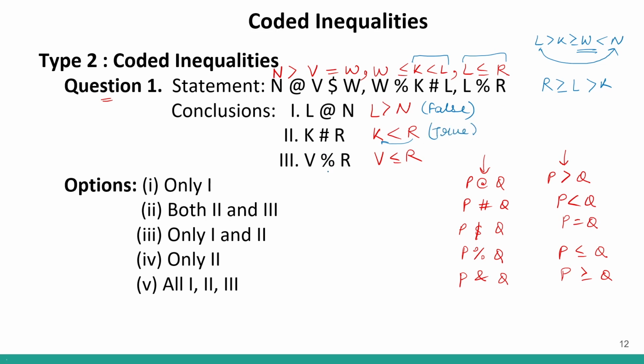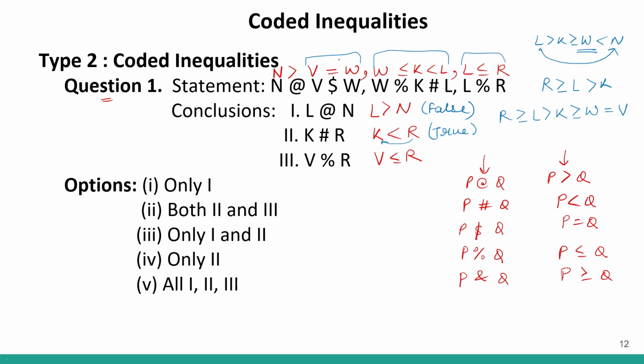Now coming back to conclusion number 3. Conclusion number 3 says that R is greater than equal to V. So I can see the relationship between R and L and W and V. So if I write it, R is greater than equal to L is greater than K is greater than equal to W, and W equals to V. Correct?